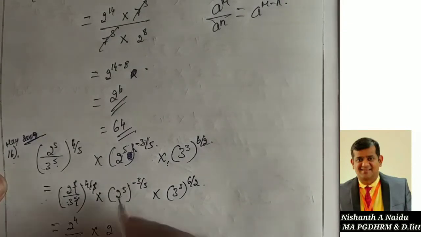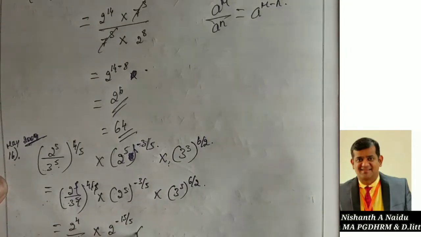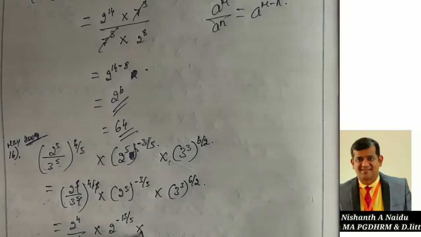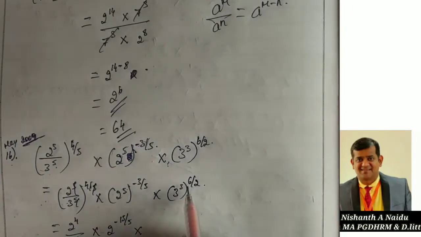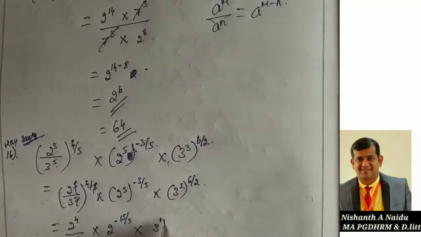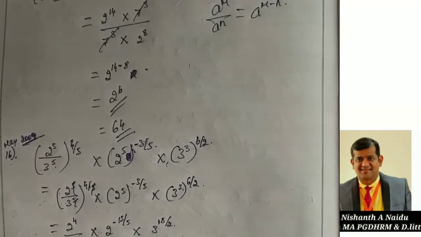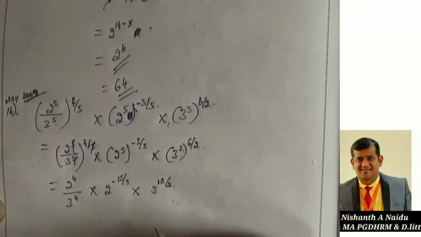So by applying that, 5 minus 3 is, a minus 15. Minus 15 divided by 5, and in the same way, we have 3 to the power 6. 3 into 6, 3 sixes are 18. 3 to the power 18 divided by 2, that is 18 divided by 2. Understood, right, till here?